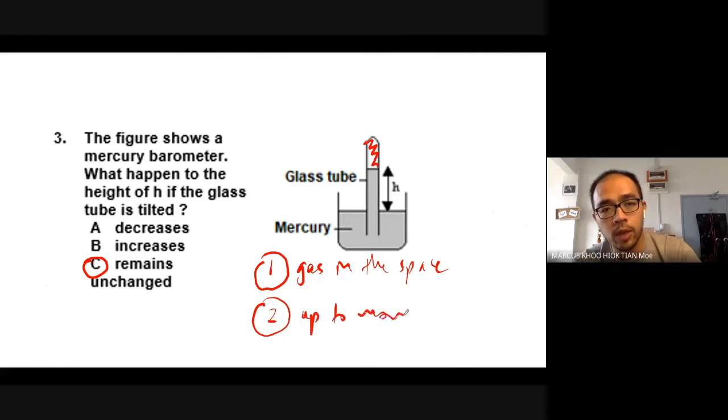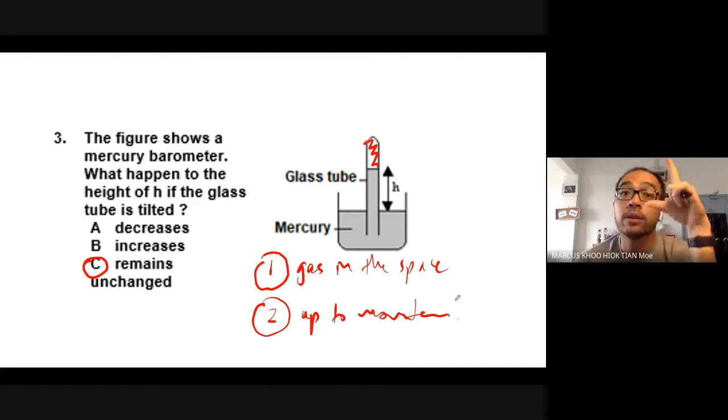If you carry this up, because the atmospheric pressure is less, the H decreases. So these are the only situations. No matter how you tilt this glass tube, even a little bit, the height will still be the same. Be very careful with this.